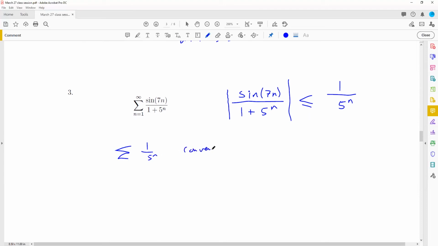Doesn't it go to 0? Because that's a geometric series with r equals 1/5. So by comparison test, the original one converges. Okay, so this is exciting.